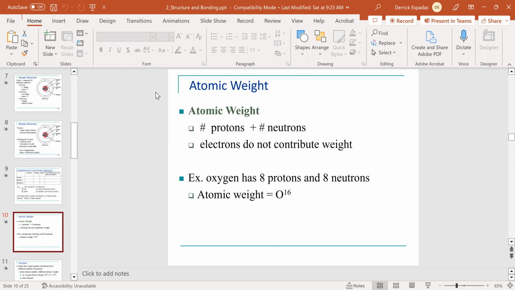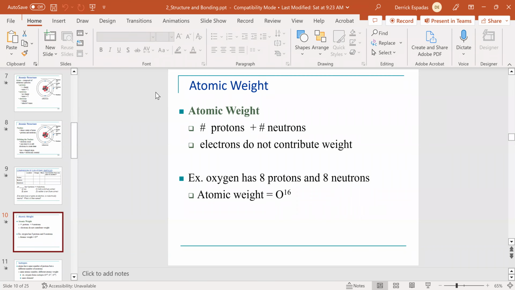So that's how we keep track of that. Now, oxygen, as an example, has 8 protons and 8 neutrons. So the atomic weight is 16, 8 plus 8. We're adding up, because each one is 1, we have 8 protons plus 8 neutrons, it equals 16. So that's the atomic weight of oxygen.